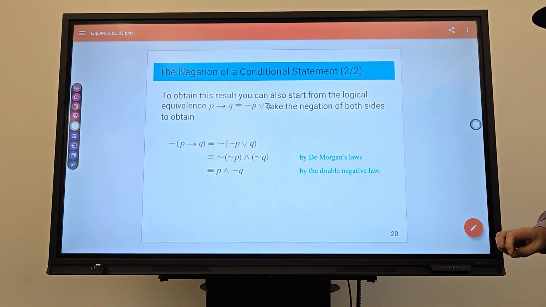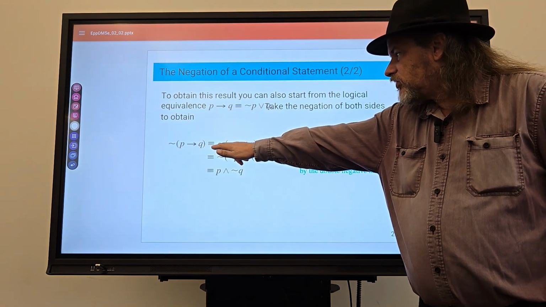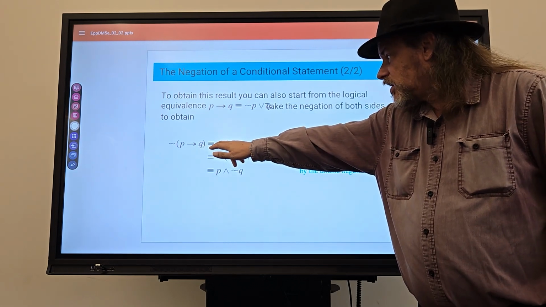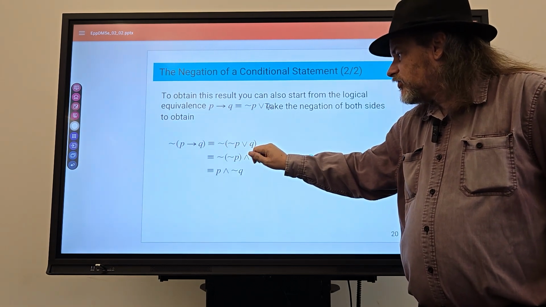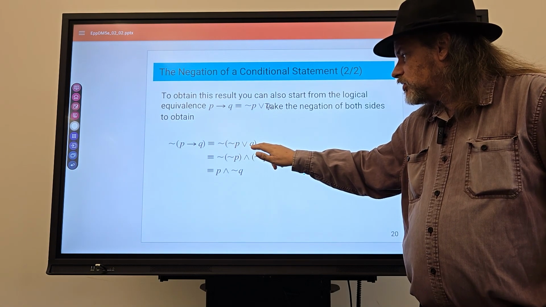To attain this result, you can also start from the logical equivalence of P implies Q being not P or Q. Take the negation of both sides to obtain: not (P implies Q) is equivalent to not (not P or Q).